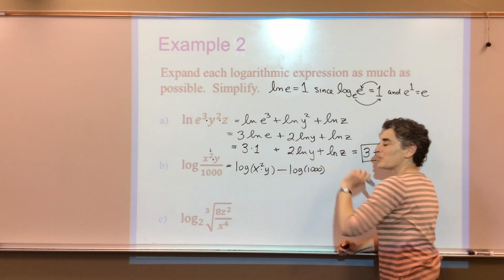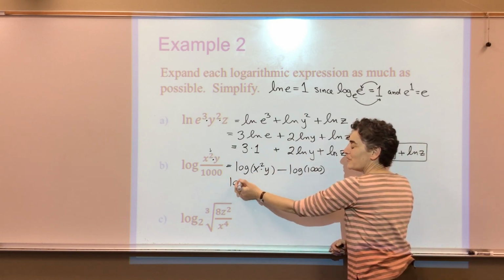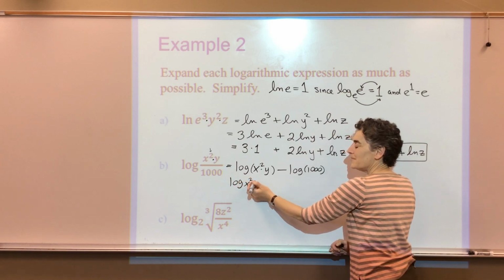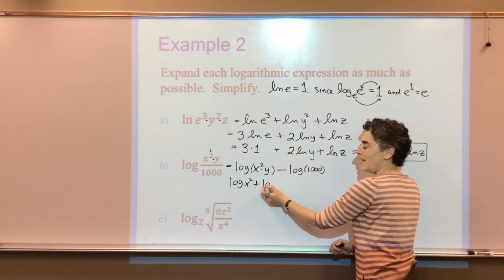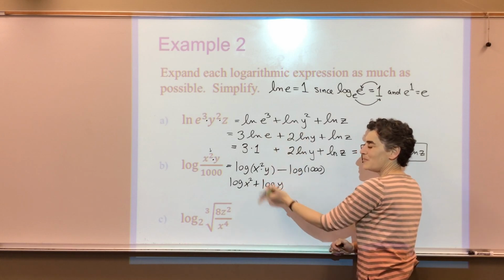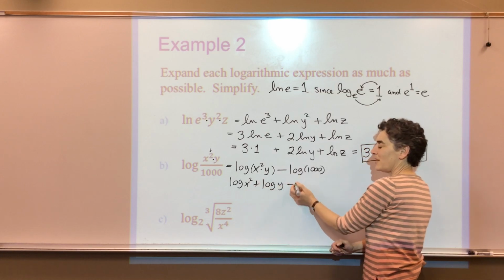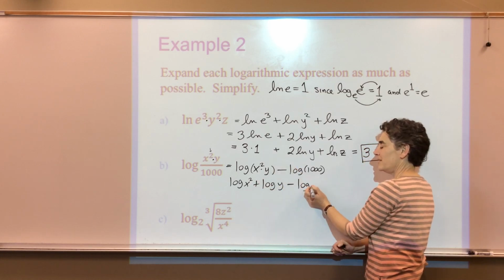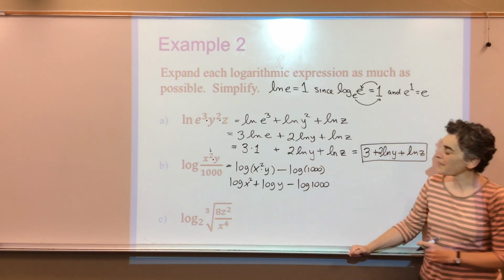We still had multiplication there, so this part is a product, logarithm of x squared, and then the x squared is multiplied by y, so as we did in part A, we can separate the times into plus of 2 logarithms. Keep this one minus because it wasn't part of the product. 1000, I guess we don't really need parentheses around it.